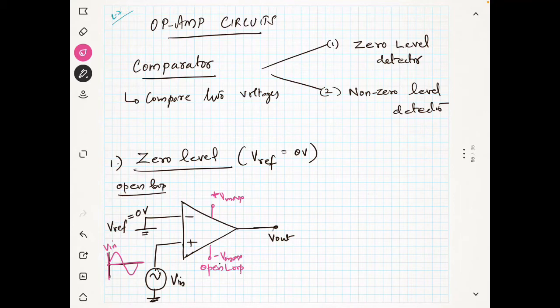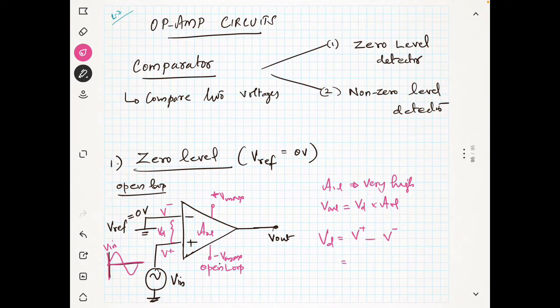In open loop, whenever you give a small differential voltage, the output will go to maximum, because AOL is very high, and V out is equal to VD times AOL. What is your VD here? VD is equal to the voltage at the positive terminal, V plus, minus the voltage at the negative terminal, V minus.